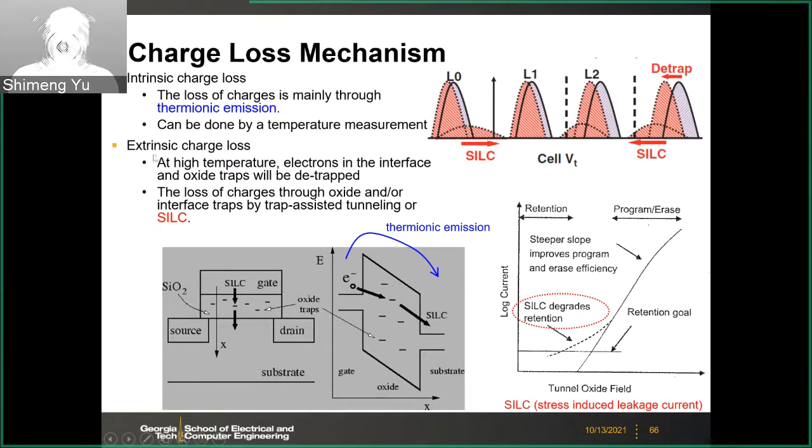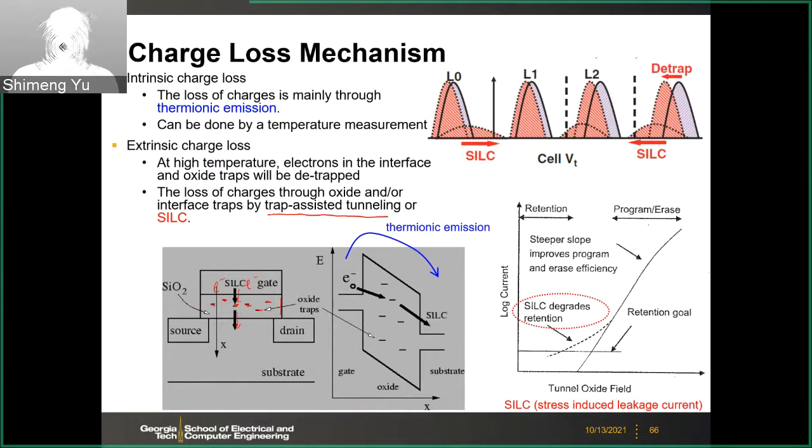And there is also an extrinsic charge loss mechanism. This is after the cycling, as we discussed. We have those traps, also defects, in the tunnel oxide. Those traps will assist the electrons to leak from the floating gate, because this is like a stepping stone for the tunneling. This is called trap-assisted tunneling.